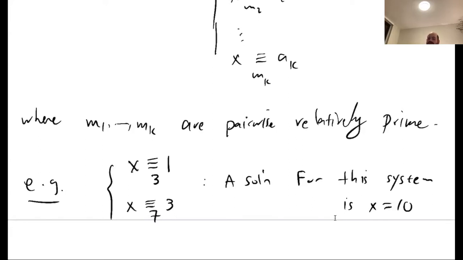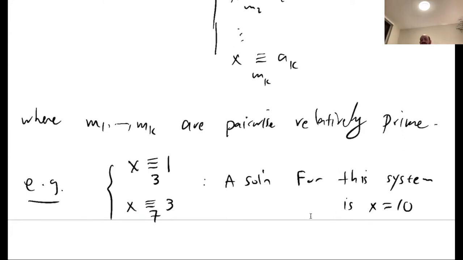Is there any way to solve this system systematically? Or finding an algorithm to solve this system? So the answer for this question is given by a theorem called the Chinese remainder theorem.